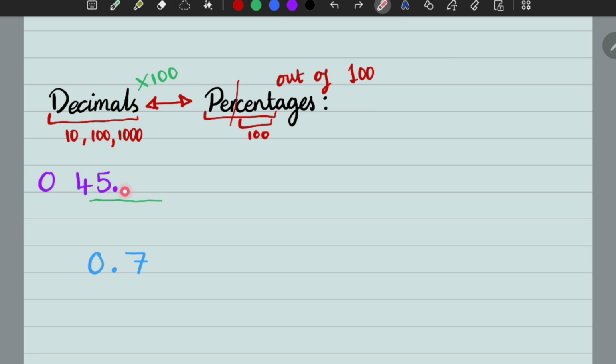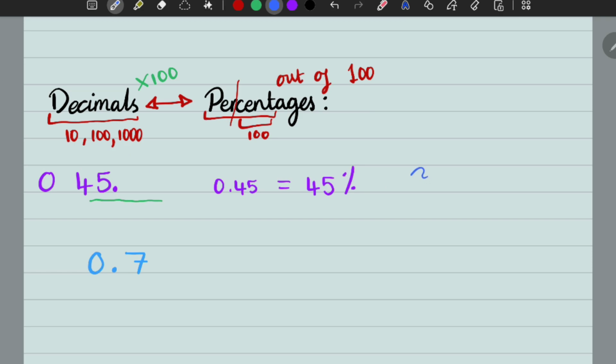So now my full number is actually 45 because I've changed my decimal by timesing it by 100. So that means that 0.45 is the same as 45%. And if I were to have done that in reverse, I would have just divided it by 100. So 45% divided by 100 would give me 0.45.